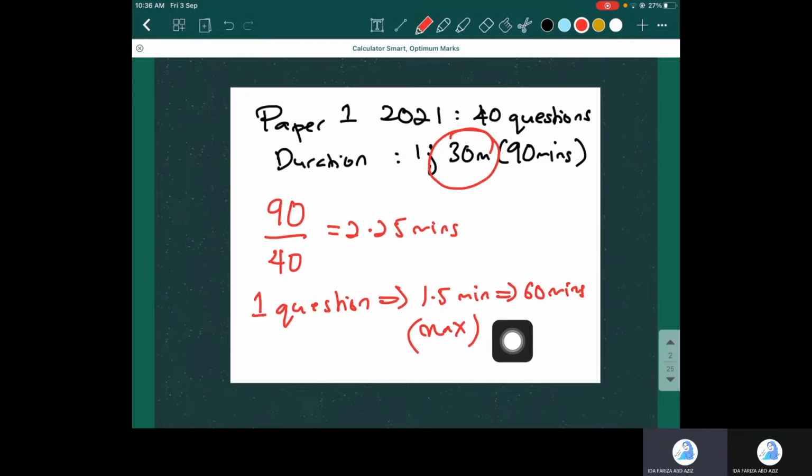Soalan-soalan yang tertinggal tadi, itulah kelebihan 30 minit lagi tu untuk you gunakan untuk revisit all those questions. So that's my tip. Pastikan jangan lebih 1.5 minit untuk setiap soalan. Kalau dah dekat 2 minit, move terus, sebab kita nak pastikan you menjawab semua soalan. Okay, so let's start.